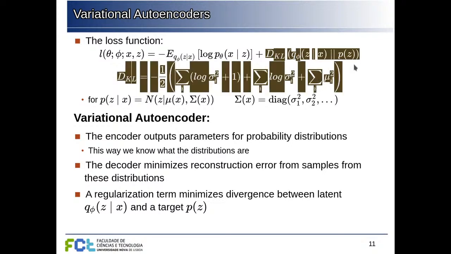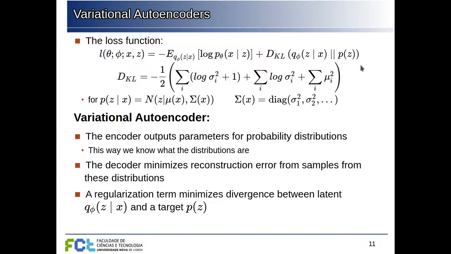But we also include this Kullback-Leibler divergence between the distributions that we obtain from the encoder, and what we would like it to be, which is this independent Gaussian. So basically, if we consider this a multivariate Gaussian, it would have only the diagonal on the covariance matrix, and there are no correlations between the different directions.